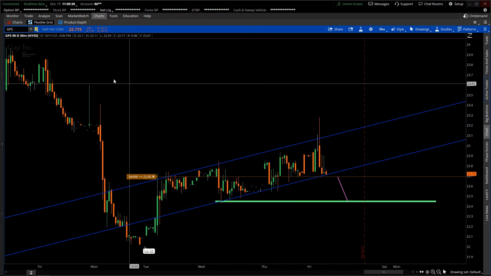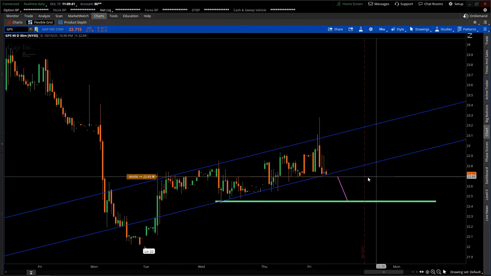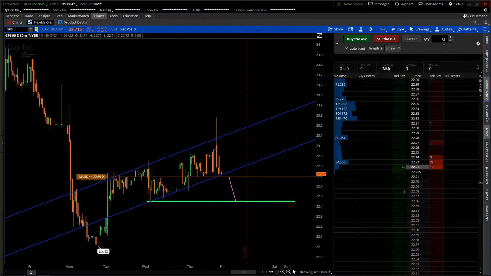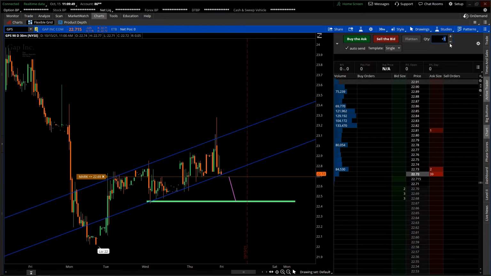So it's been a few minutes, not long. So it looks like it's going to start pushing towards the downside. The candle is developing. So I'm going to enter with 250 shares.